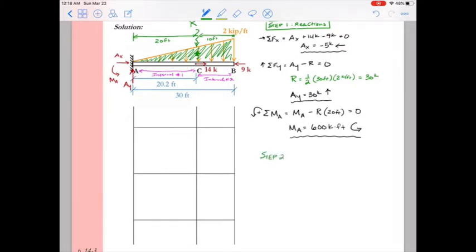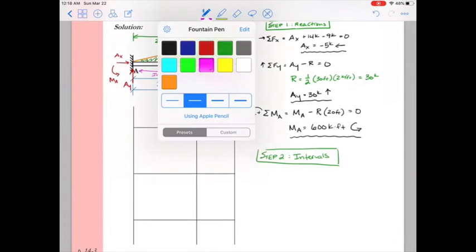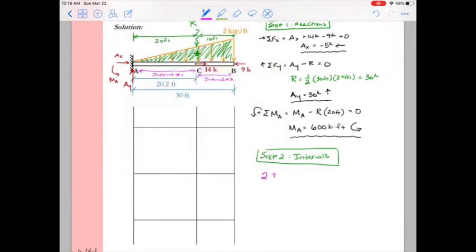Step 2, we'll define our intervals. And so we have 2 intervals that we identified, namely from A to C and C to B.